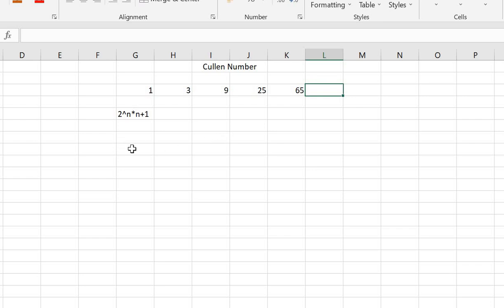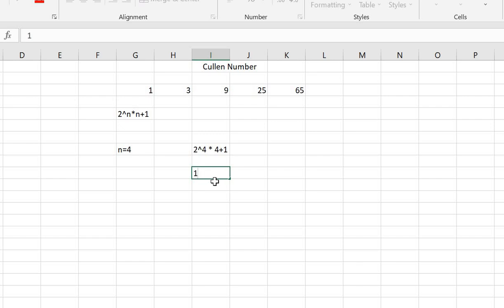So how are we going to find it out? Suppose n is given to us, if n is equal to 4, now let us just work on this equation. Okay, so it will be 2 raised to power 4 into 4 plus 1, right? 2 raised to power 4 means 2 into 2 into 2 into 2, so that will be equal to 16.